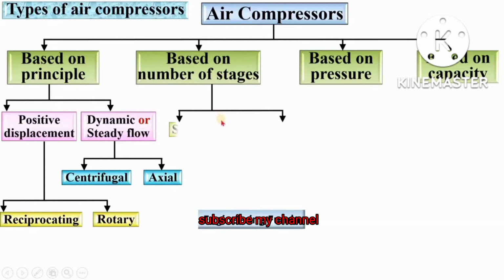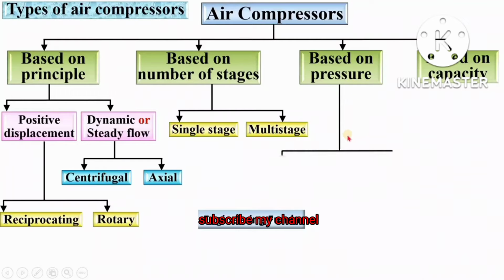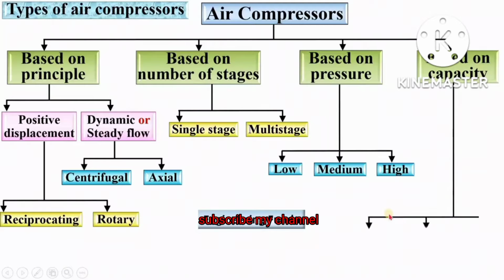Based on number of stages, compressors are classified as single stage compressor and multi-stage compressor. According to the pressure, air compressors are classified as low, medium and high pressure compressor. And at last, according to the capacity, air compressors are classified as low, medium and high capacity compressor.